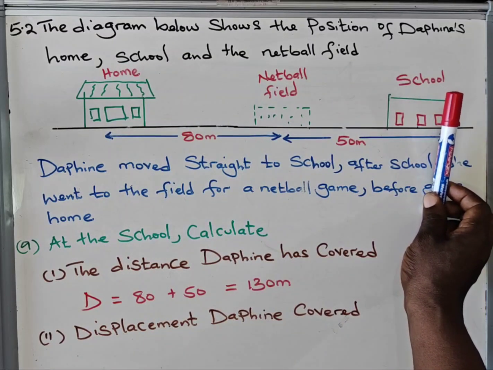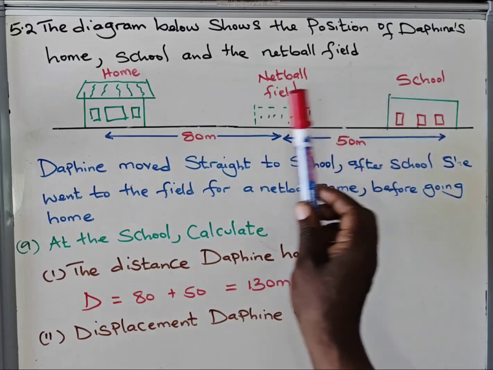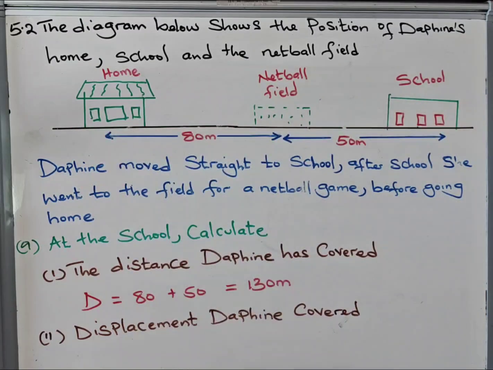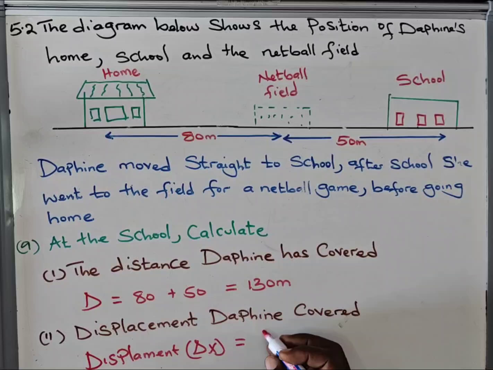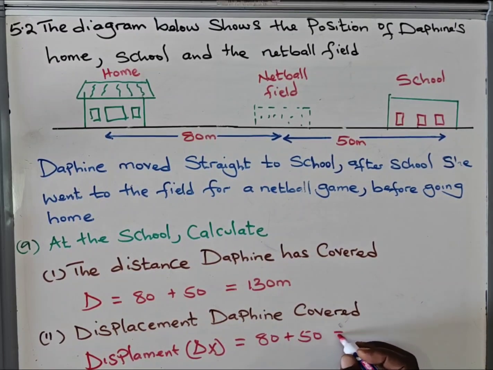That's where Daphne is at the moment. So what is the shortest distance between the two? Displacement, which you normally call delta x, is going to be equal to 80 plus 50, giving us 130 meters. So in this case, distance is the same as displacement.